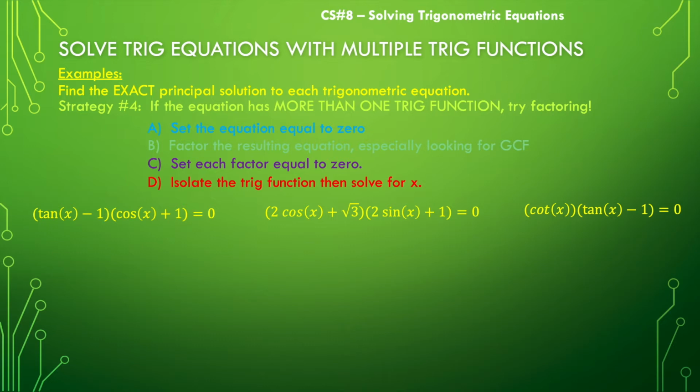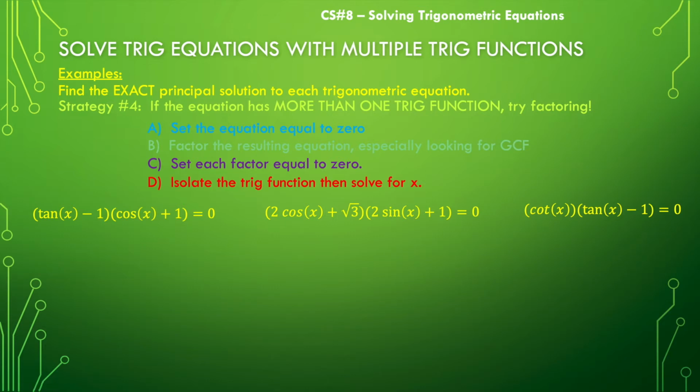For these first examples, they're already going to be factored for us. So we don't have to set them equal to 0 because they're all set equal to 0. And they're already factored. So we're just going to pick up here in C and D for our technique, and there's a reason for that. As we look at how to do these problems, then we can go into the more advanced problems where we have to do steps A and B.